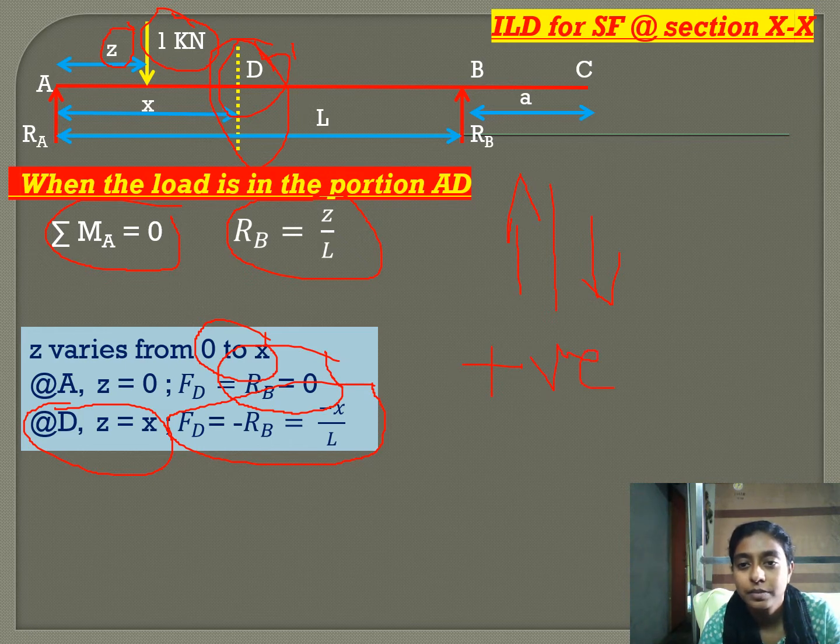And the left downward forces and the right upward forces are considered as negative. So, RB is to the right of the section. So, right upward force is taken as negative. That is why it is minus RB.